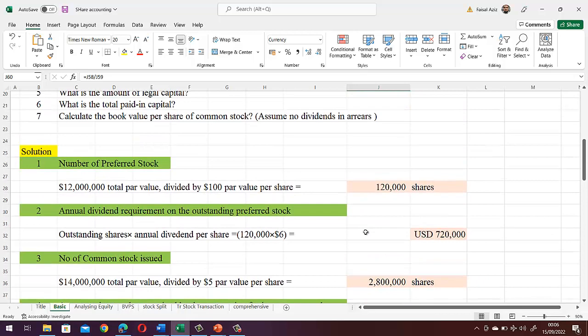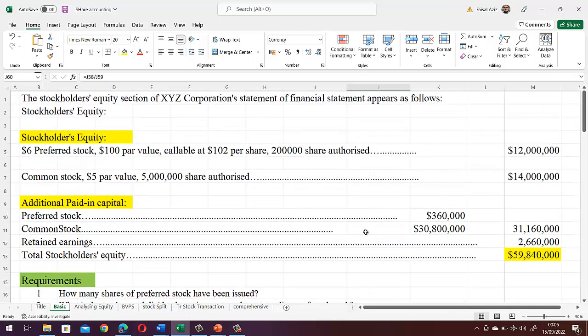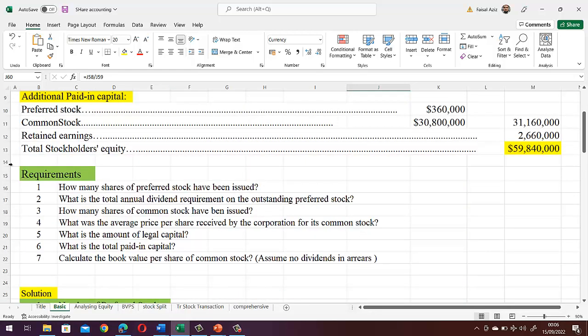So viewers, with the help of this example, we have learned these 7 requirements. Number 1, calculation of outstanding shares of preferred stock.